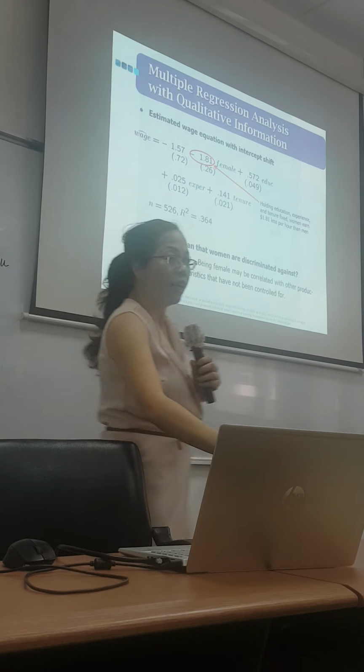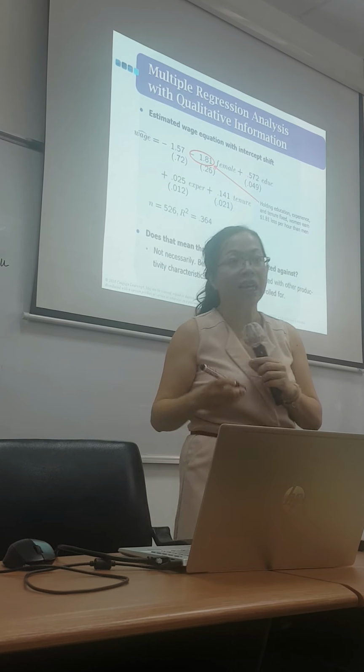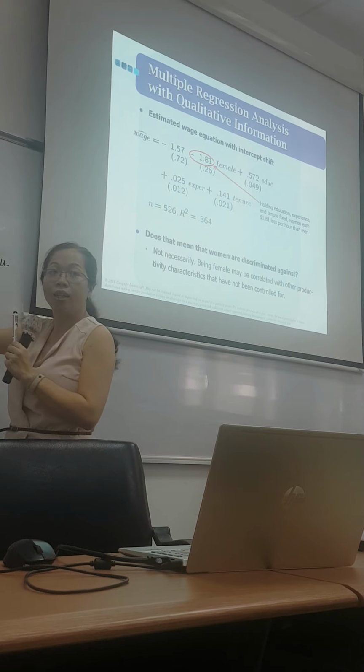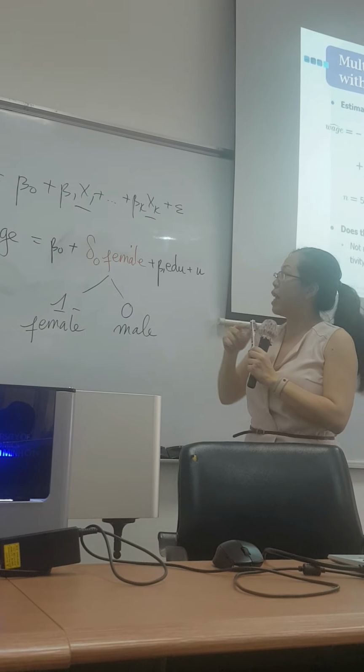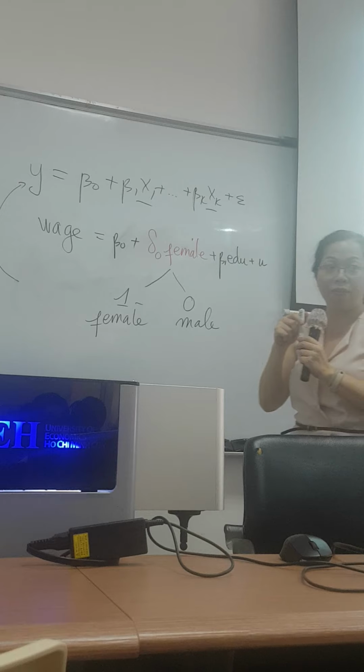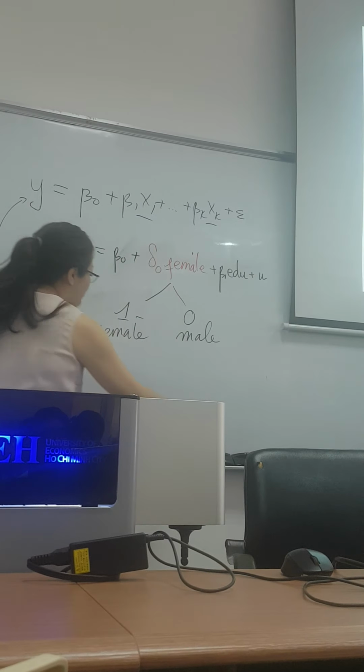So if female is equal to 1, you're going to have the slope of the line.